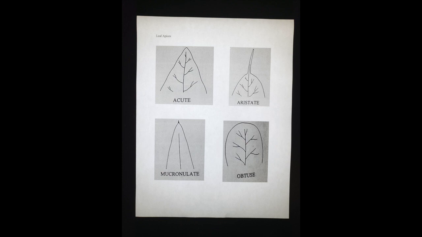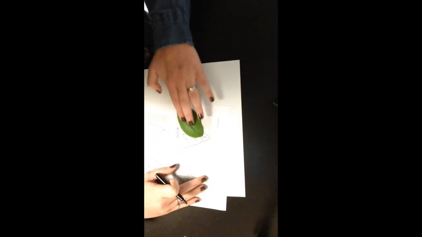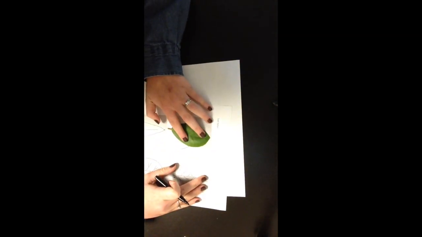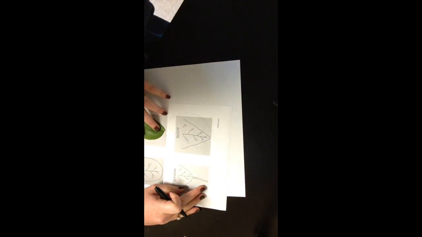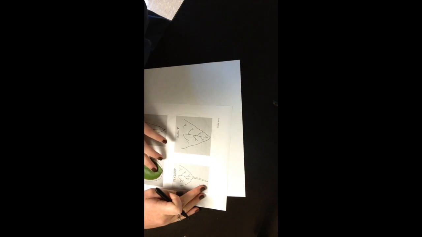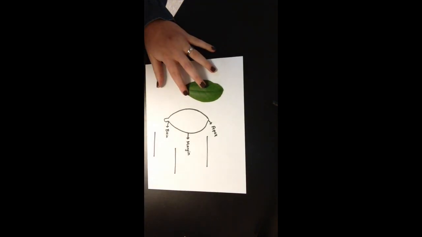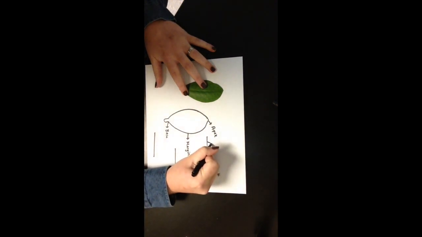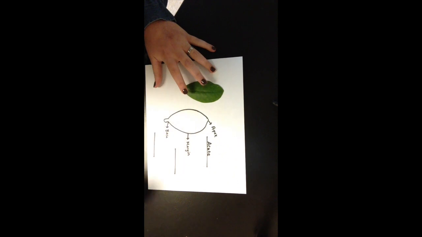I'm going to take the leaf, slide it over each of these options, and see which one best fits our tip. I determined that our apex is the acute apex because it's a cute little tip.